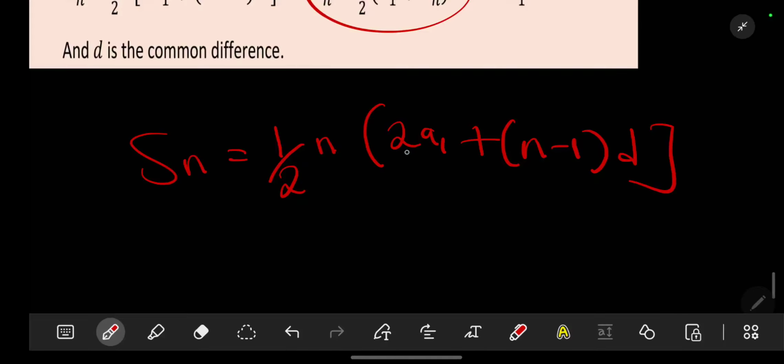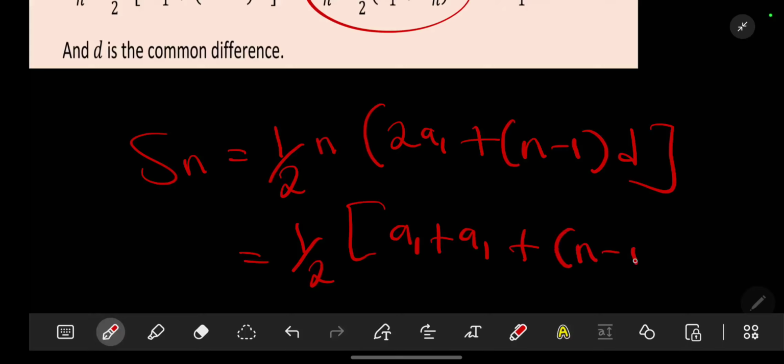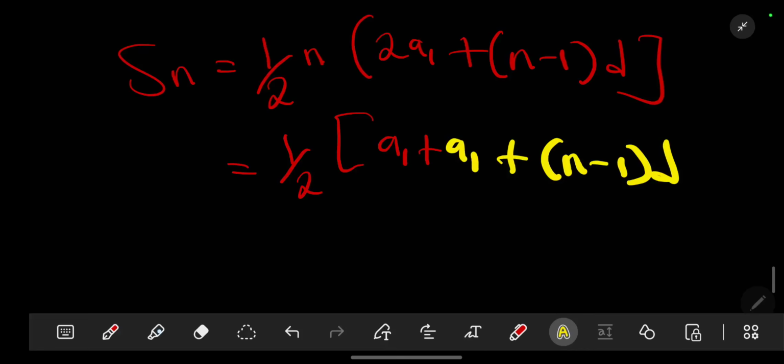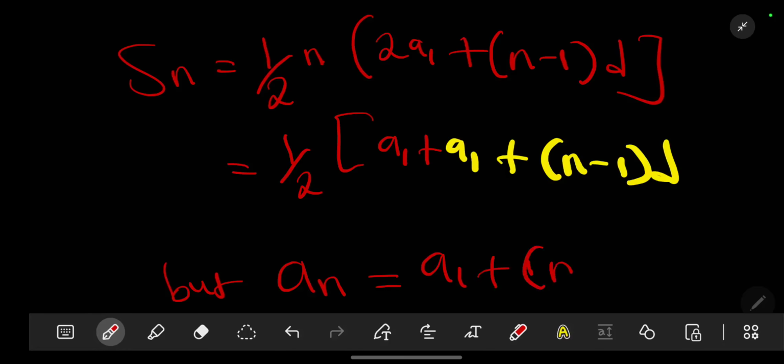Now remember, this can be written as, 2a1 can be written as half times a1 plus our a1 plus the n minus 1 times our d. Now remember, what is this? But an should be equal to a1 plus our n minus 1 times our d.